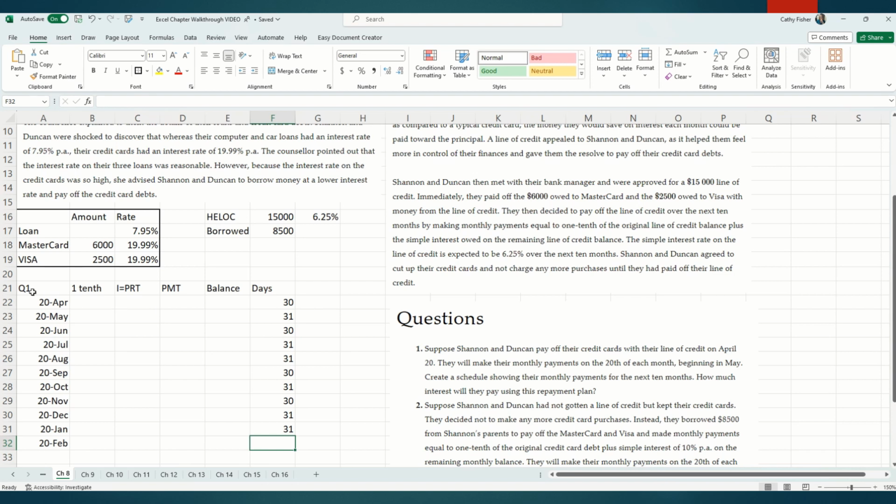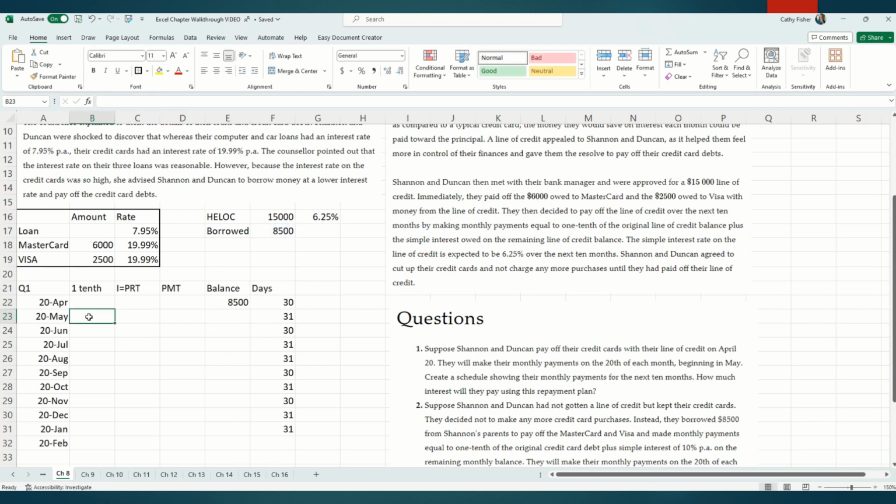So we're starting to build this question so that then in the end, we're going to add up our interest. All right, so we're not making a payment on April 20th, but the balance starts on April 20th. So the amount we have borrowed is going to be $8,500. So I'll just select that.